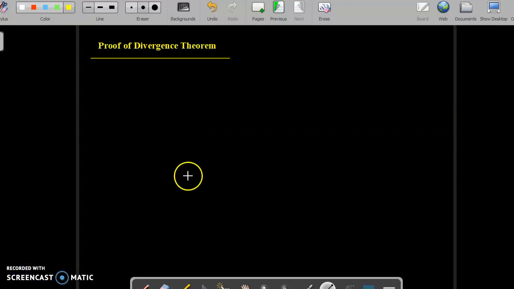So in this section we are going to see the proof of the divergence theorem. The divergence theorem states that the volume integral of the divergence of a vector field, so here comes the volume integral.